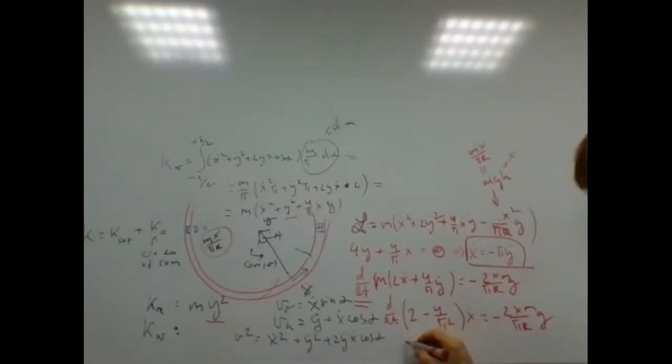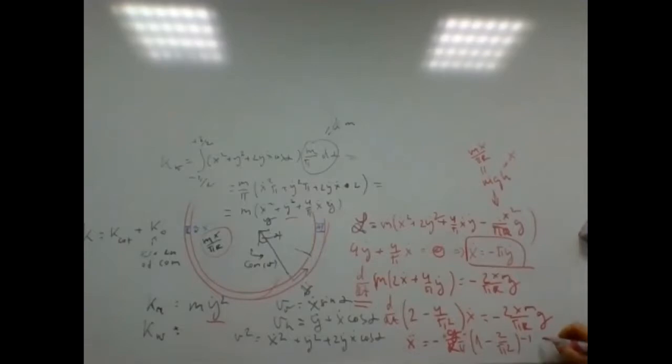So x double dot equals minus g divided by r, m goes away, and pi, and here goes 1 minus 2 divided by pi squared to the power of minus 1.